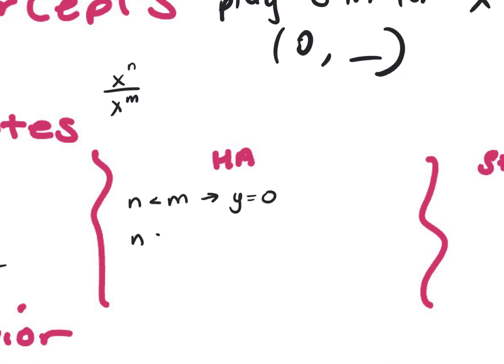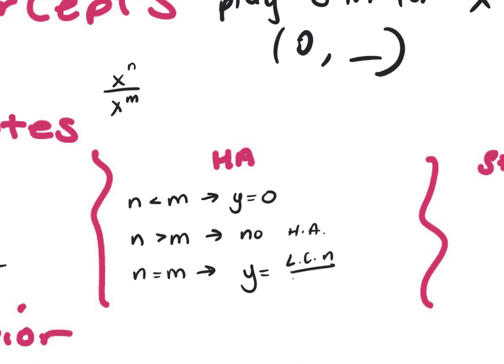If n is greater than m, there is no horizontal asymptote. If it's one more, there's slant, but we'll go back to that. And if your n equals your m, then your horizontal asymptote is y equals the leading coefficient of your numerator over the leading coefficient of your denominator. Do these sound familiar? Hopefully.